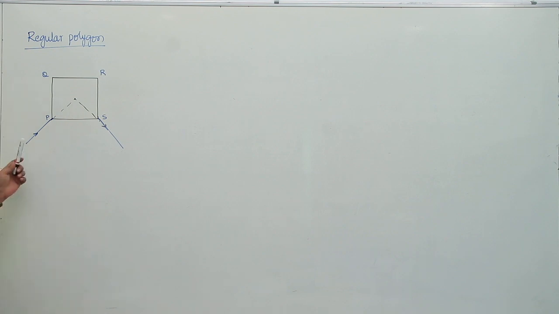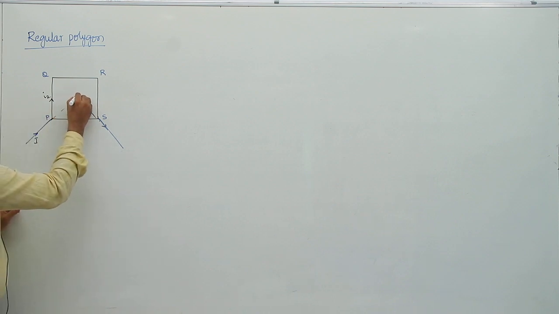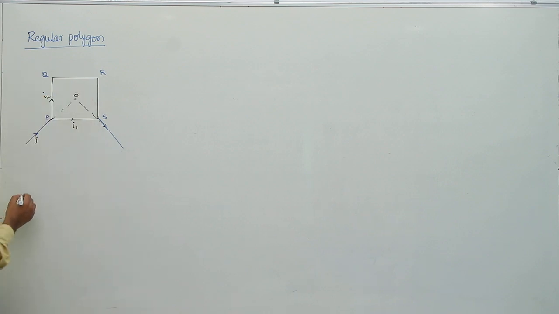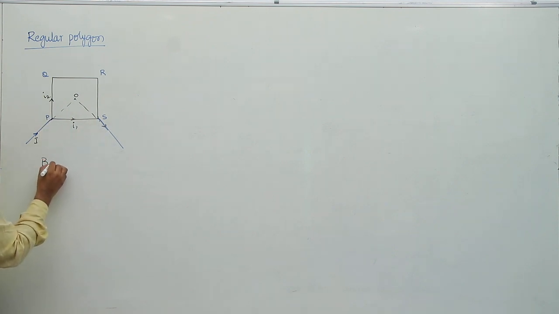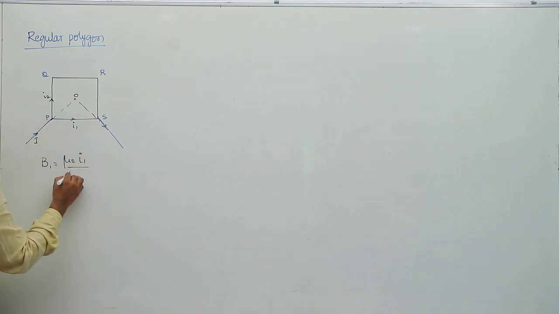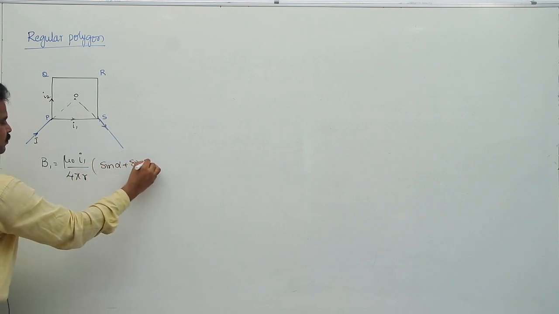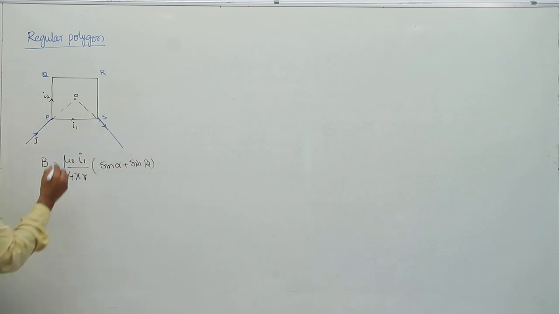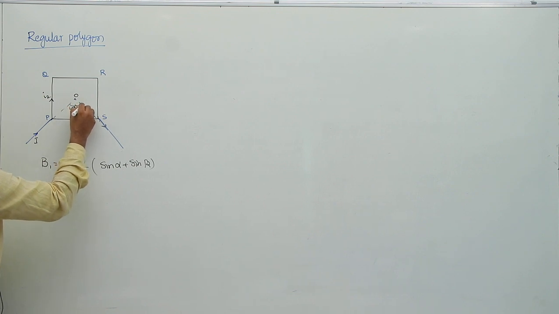Now whatever current is given by the battery will be divided into I1 and I2. But what is the magnetic field at center O? First of all, what is the magnetic field due to this one? Let me find out. B1 is equal to mu naught I1 by 4 pi r, sin alpha plus sin beta, as it is a finite wire. If you extend this one, this will become 45 degrees. This is also 45 degrees.